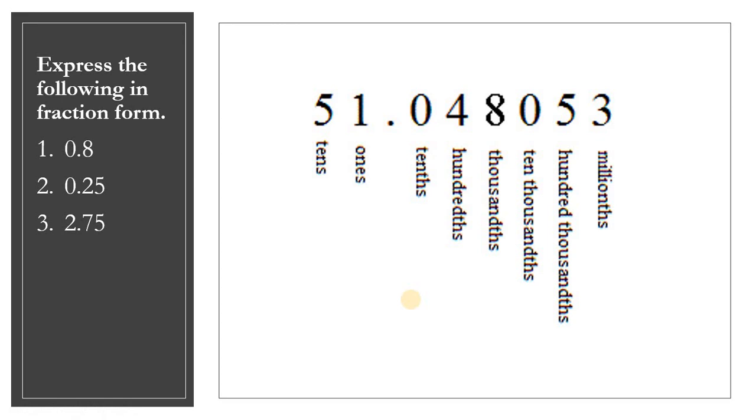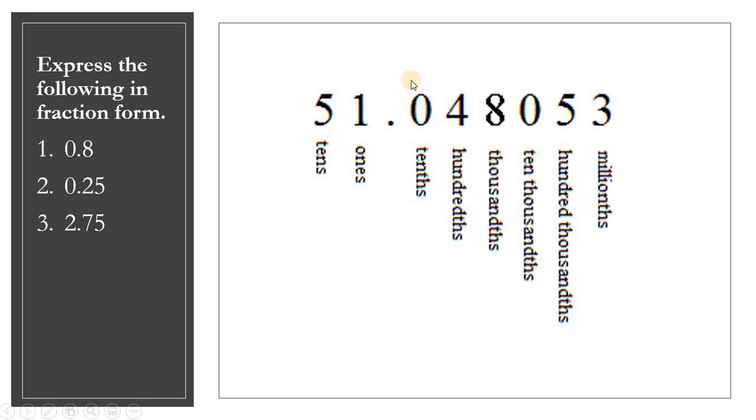Sa madaling salita, wag natin kakalimutan yung place value ng mga decimals. Diba? Hindi siya katulad ng mga whole number. So, whole number, nagsisimula sa ones, diba? And then tens, hundreds, so on and so forth. Sa decimal values or places, magsisimula tayo sa tenths. Diba? Tenths, hundredths, thousandths, etc.